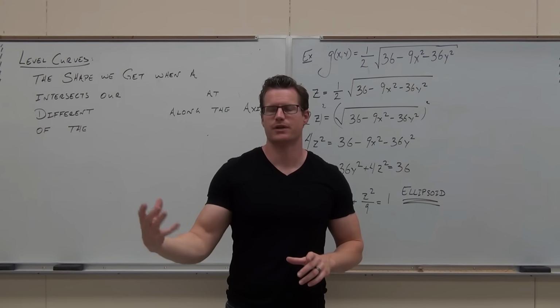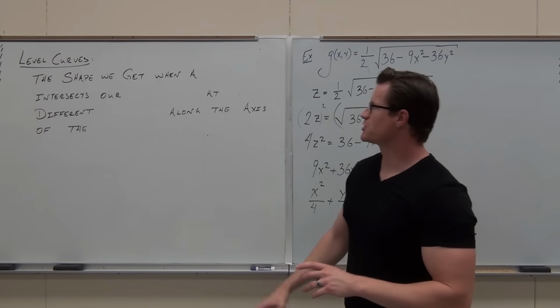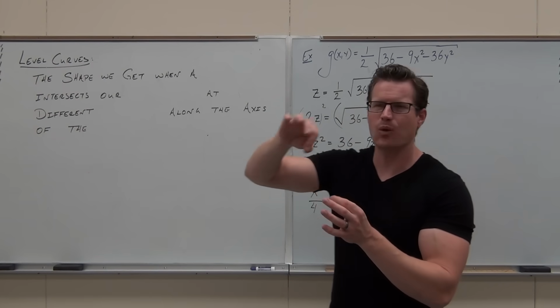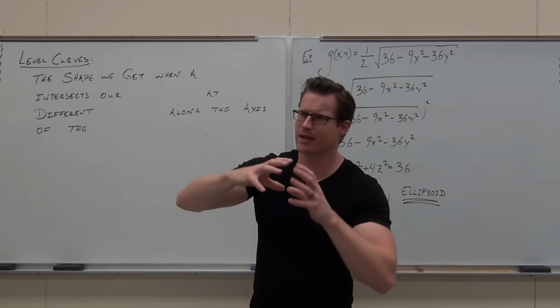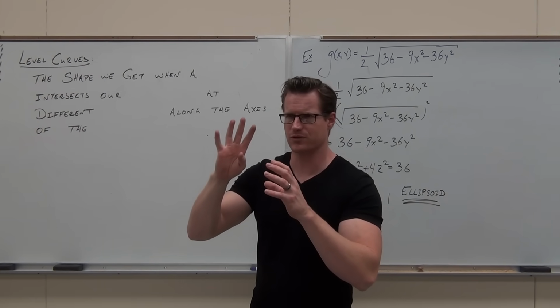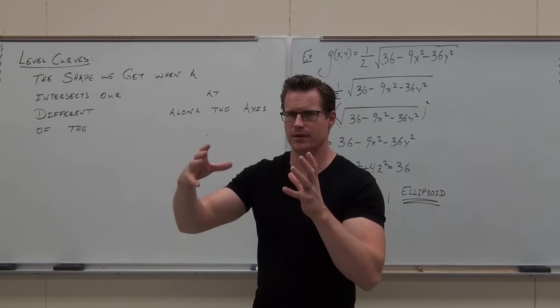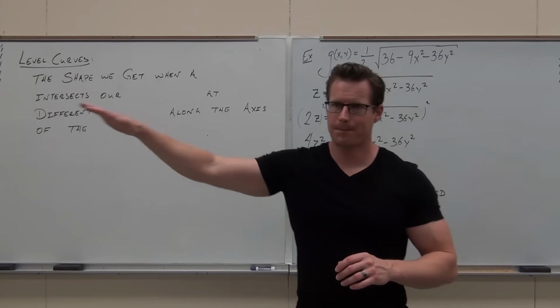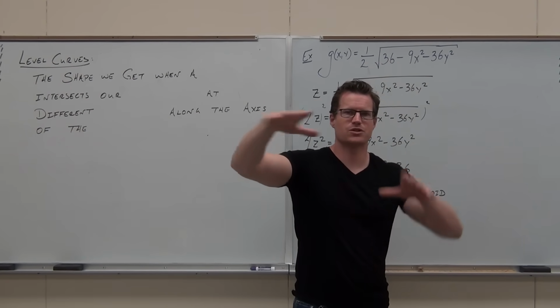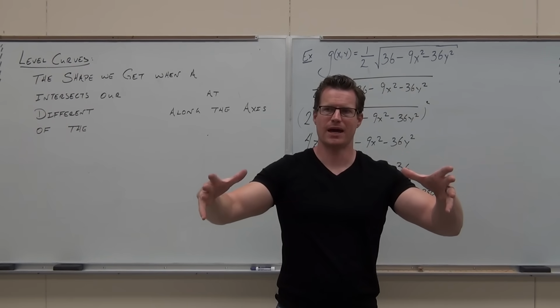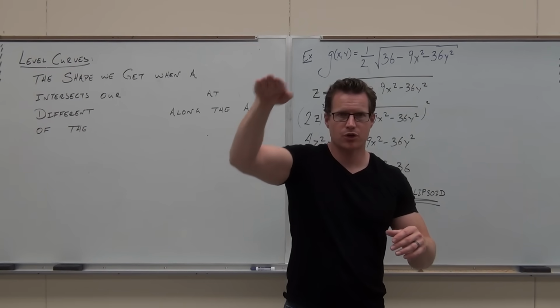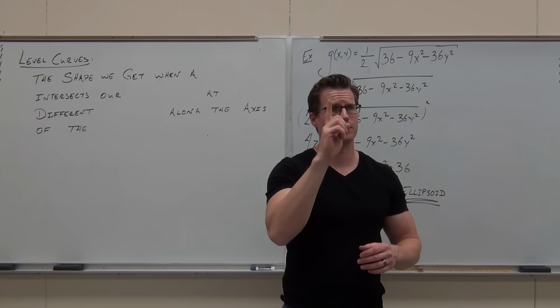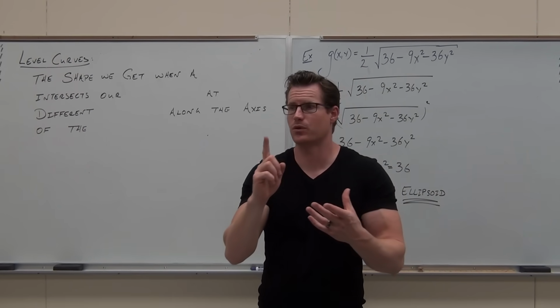What a level curve is: this is the shape that we get, this outline. It doesn't have to be an outline, it can be in 3D if we're taking a level curve of a 4-dimensional figure, but it's this shape that we get when a plane intersects our surface at different levels along our dependent variable, which we consider to be z for 3D.